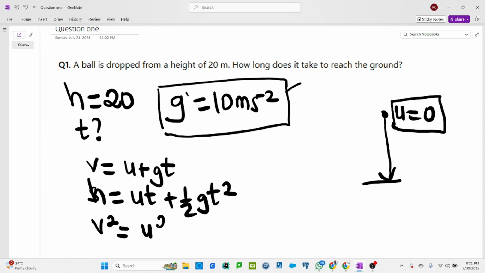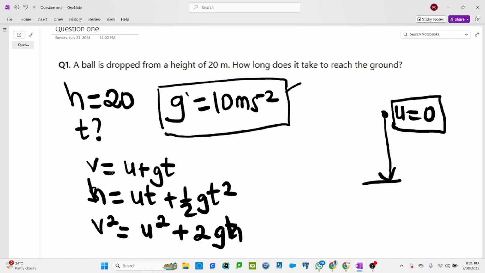Positive. Why? Because it's heading towards the ground. Okay, sure. Now we are looking for T.